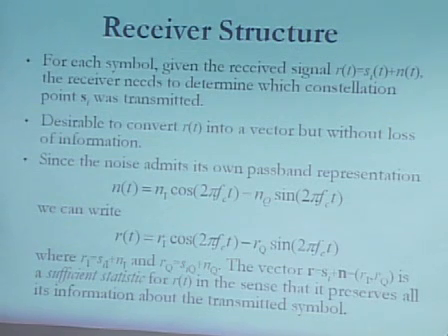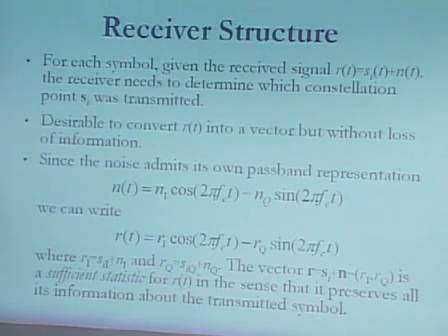So in vector notation, the vector r is equal to the vector s_i that was sent, plus a noise vector. All these vectors have an I and a Q component.